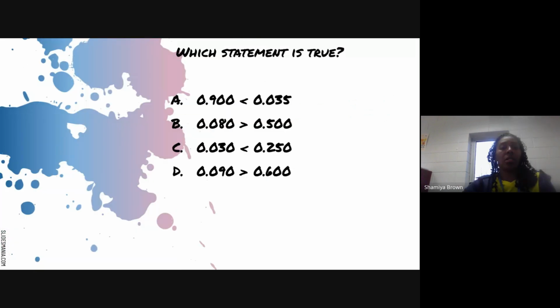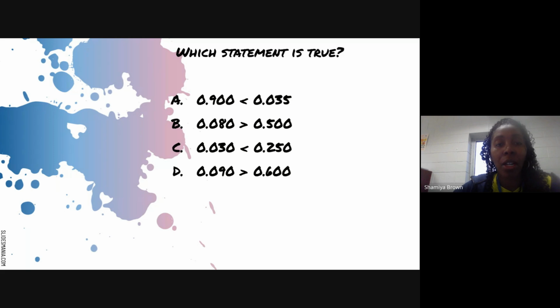Number 6 says which statement is true. So this is simple. I'm just comparing the decimals. Look at place value, so I can do that. So I see that they all have zeros in the ones place. So now I need to look at comparing the tenths place in each number.